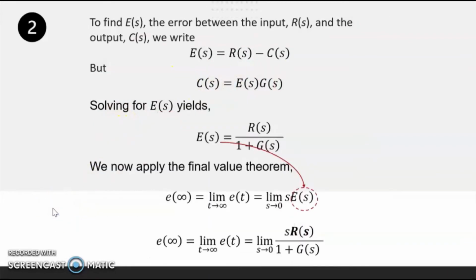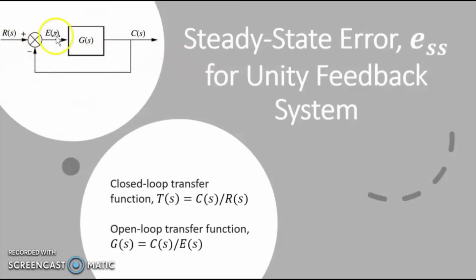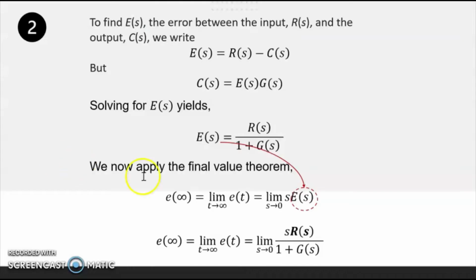And then the second step is, again, to find the error, which is the error between the input R(s) and the output C(s). We can write R minus C. That is the error. Looking at the diagram again, to calculate the error it is basically R minus C. But what is different is this one.